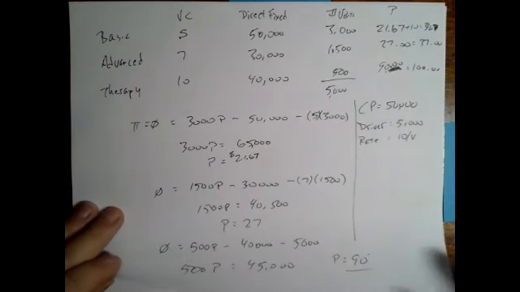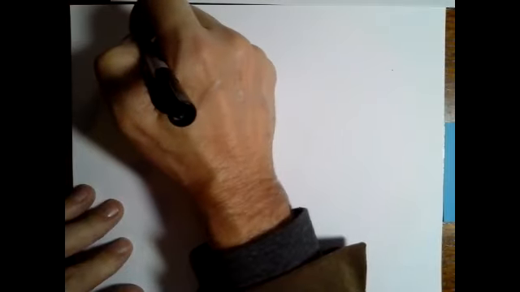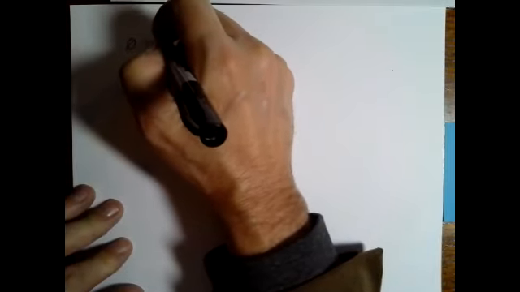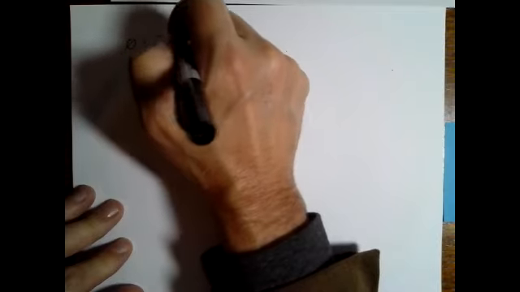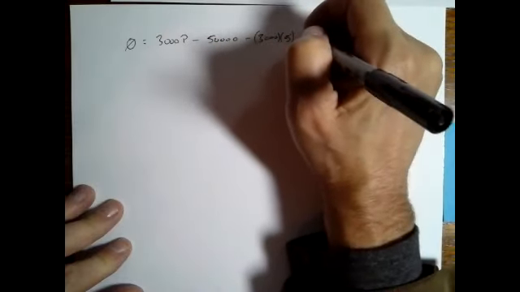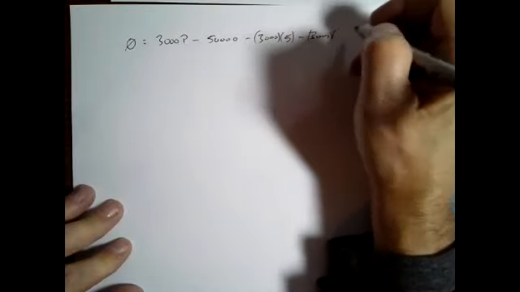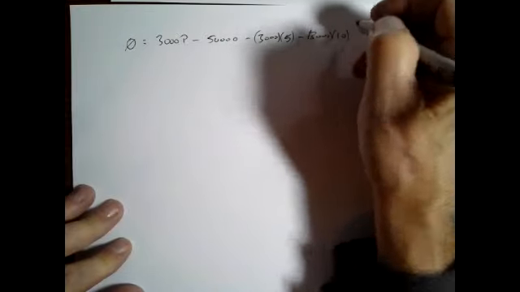Or you can resolve this. We'll do it the hard way and resolve it and demonstrate that. So for the basic service, remember, profit is going to equal 0. We have 3,000 visits times some unknown price, minus 50,000 direct fixed, minus 3,000 visits times variable cost of 5, minus 3,000 visits times overhead of $10 per visit.